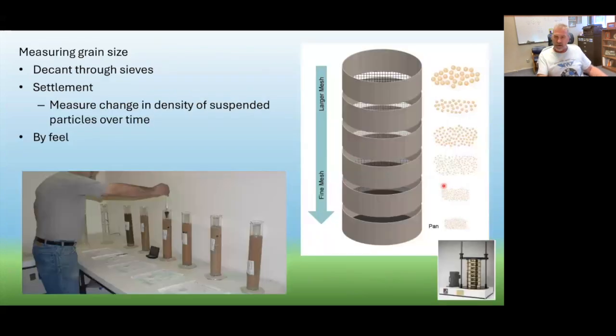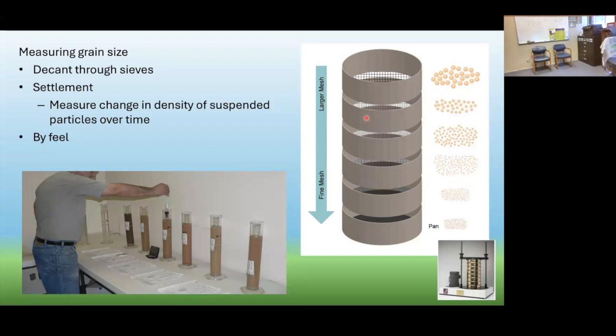How we measure the grain size, there's a lot of different ways to do it, actually. In my practice, I mostly use the sieve method, where you can decant it essentially through these different sieves. These sieves have different screen sizes, right, that allow different material through.